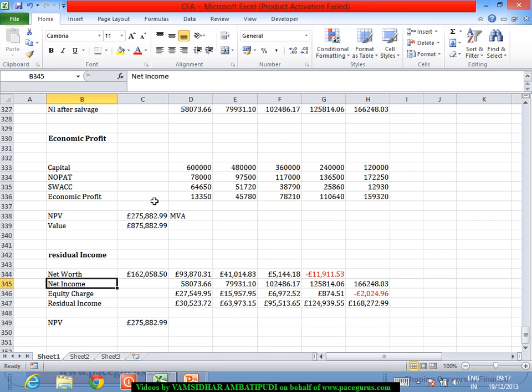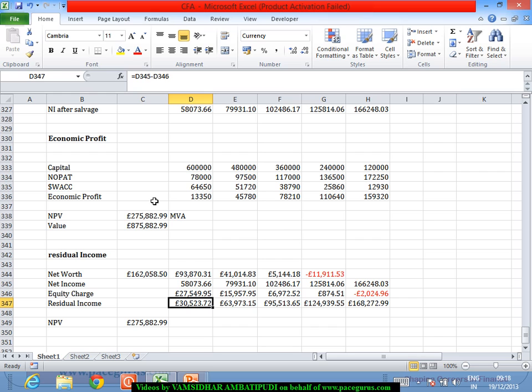Then look at the net income, the charge to the equity, which is the book value of the equity at the beginning of the year multiplied by the cost of equity, giving us an equity charge, the difference giving me a residual income, which is again helping me to determine the NPV for the period.